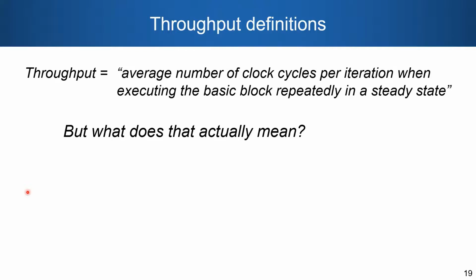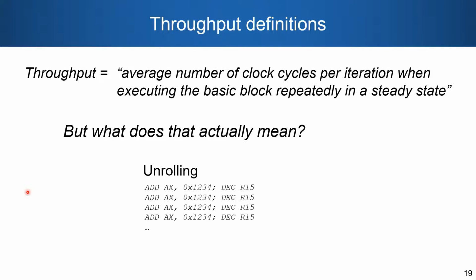We have basically two options. The first one is to unroll the basic block. If our basic block consists of these two instructions, an add instruction followed by a decrement instruction, then we can create multiple copies of it.